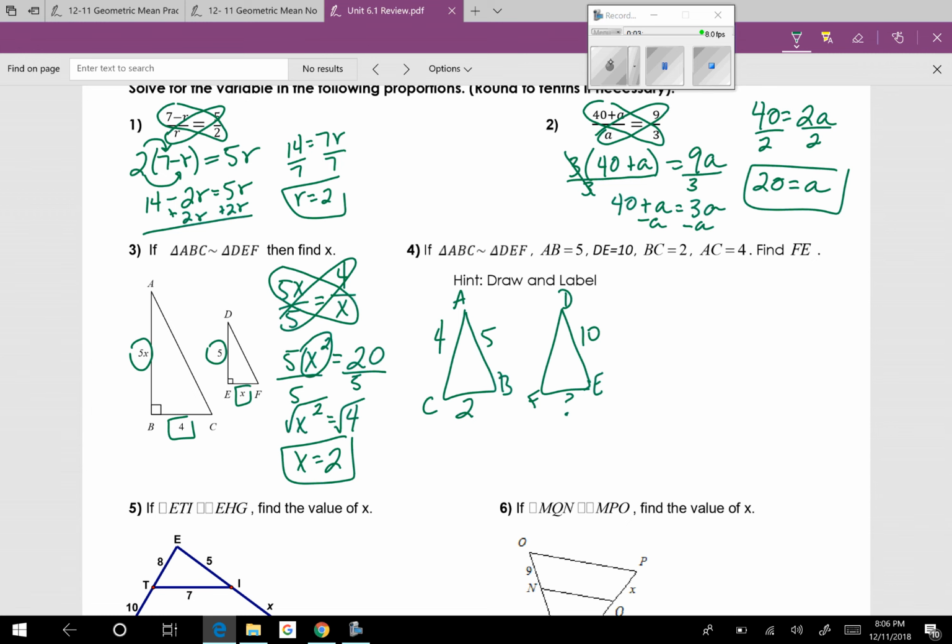So the 5 and the 10, those match. Your 2 and your question mark match. So do we really need this 4 over here? No. So we'll do 5 over 10 is equal to 2 over a question mark. So you can just call it x.